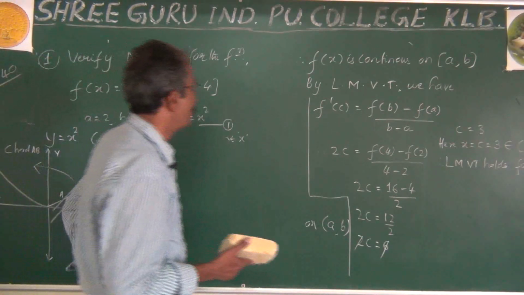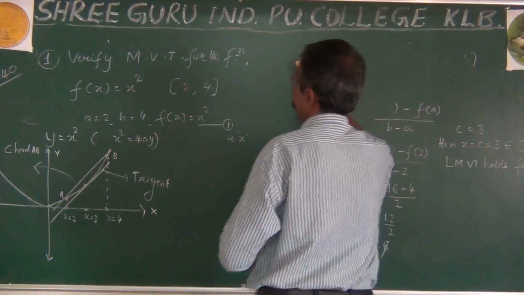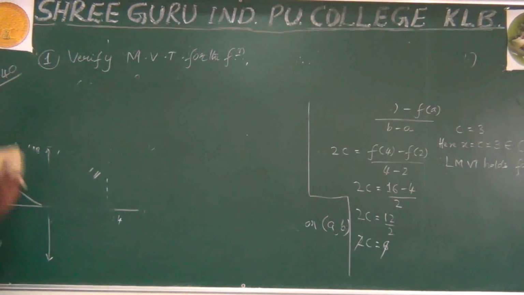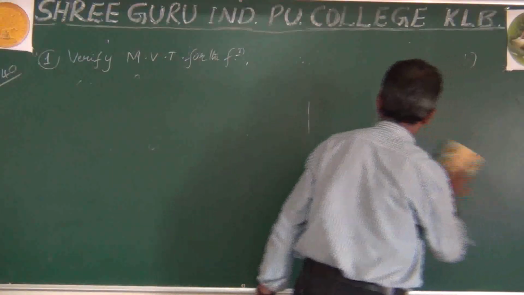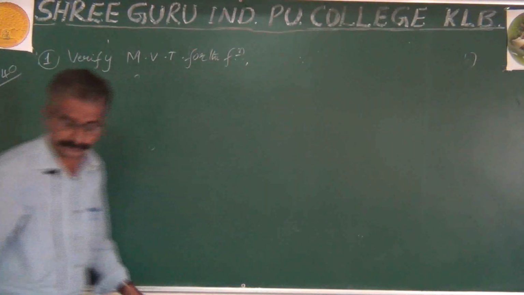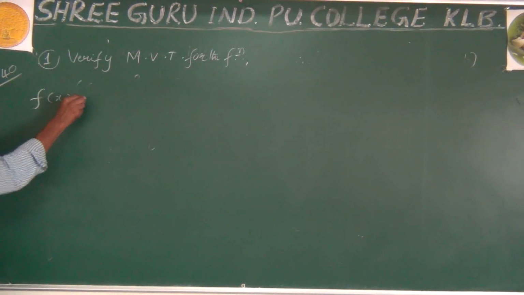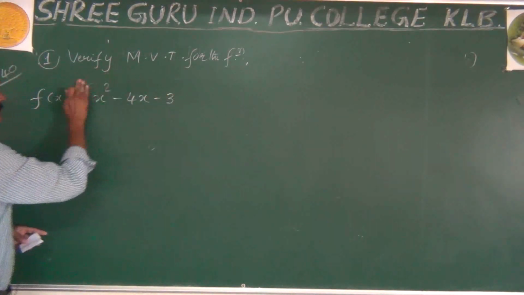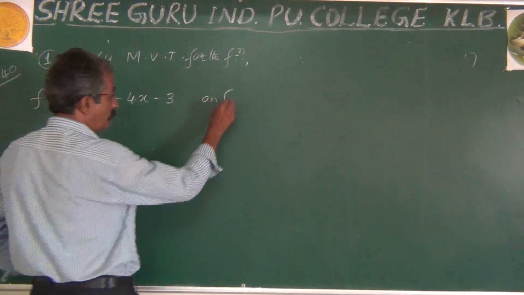Verify mean value theorem for the function f of x equals x square minus 4x minus 3 on the interval 1, 4.